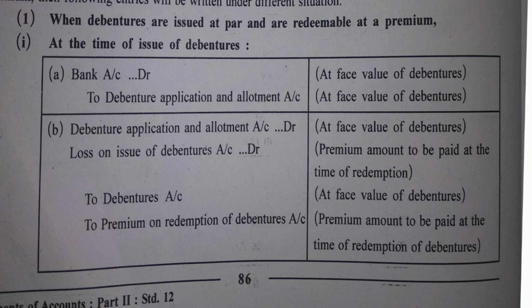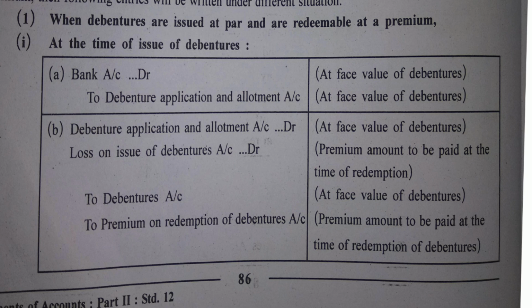Now you think yourself, if a debenture of rupees 100 is issued at rupees 100, but at the time of redemption 130 rupees or 120 rupees are to be given. So those extra 20 or 30 rupees on each debenture is a loss of the company. Yes, and hence in the second journal entry it is clearly depicted, loss on issue of debentures.